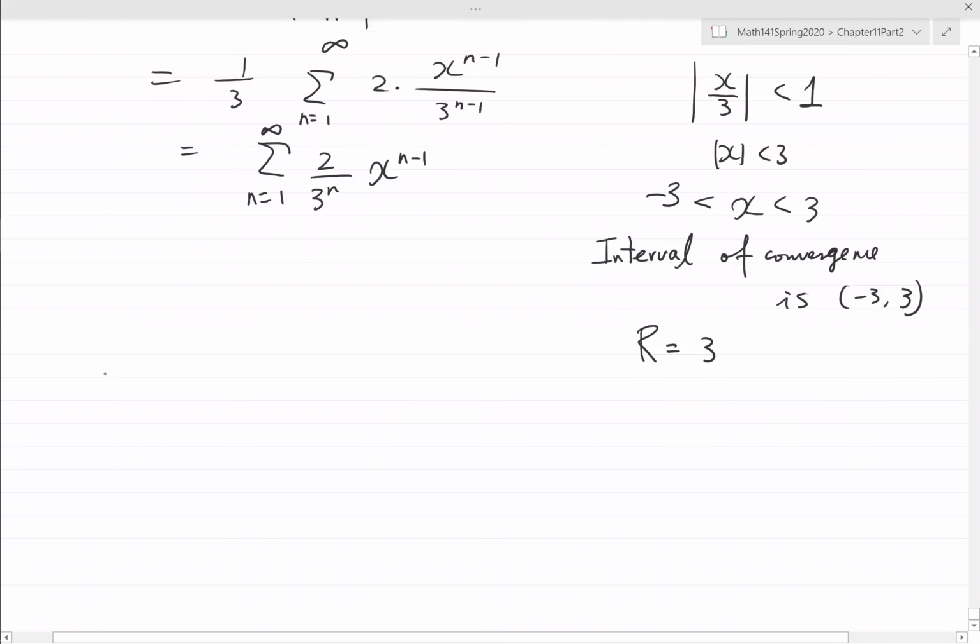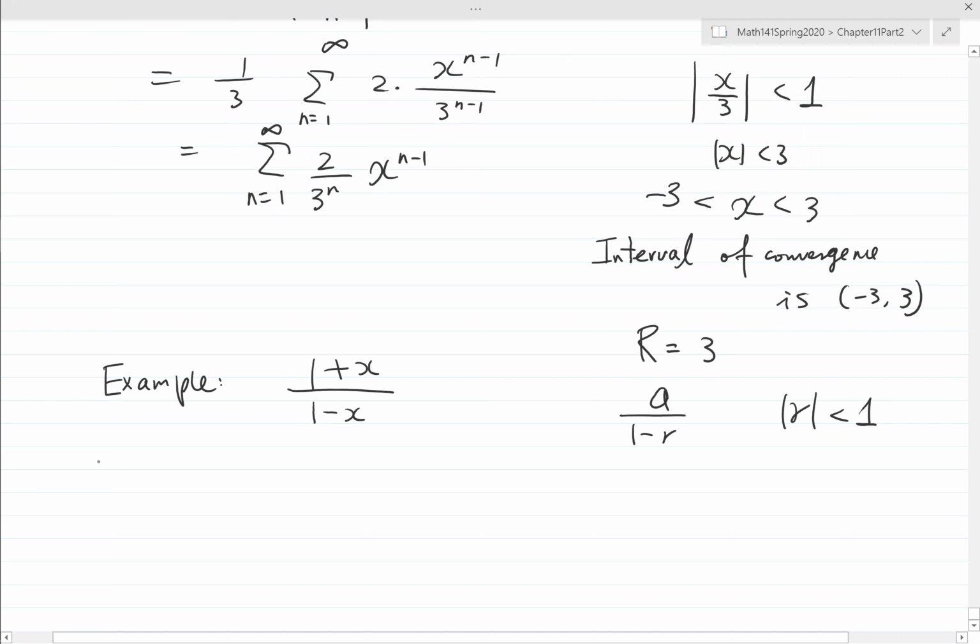Okay, more examples. 1 plus x over 1 minus x. Now what we do is we know how to do this: 1 over 1 minus r. We can use geometric series with r less than 1 to expand this.